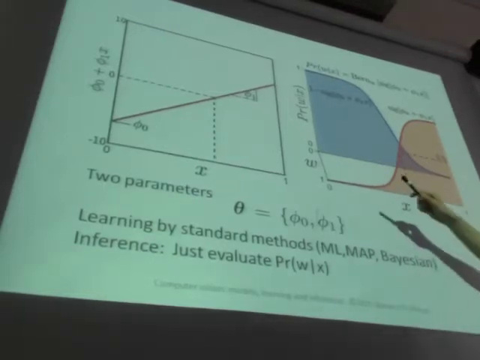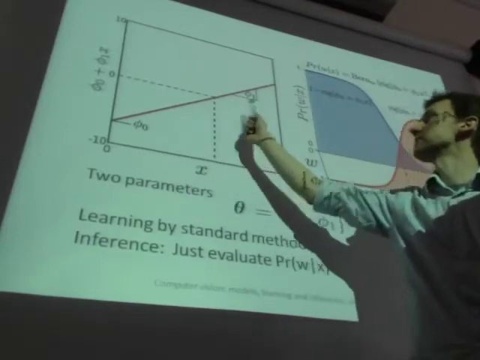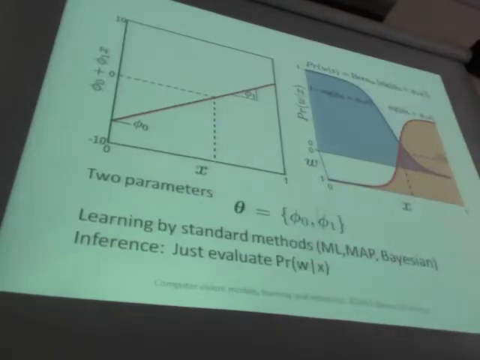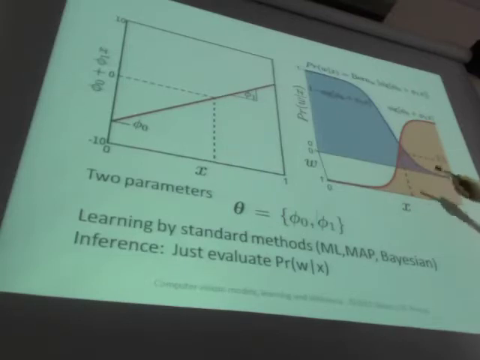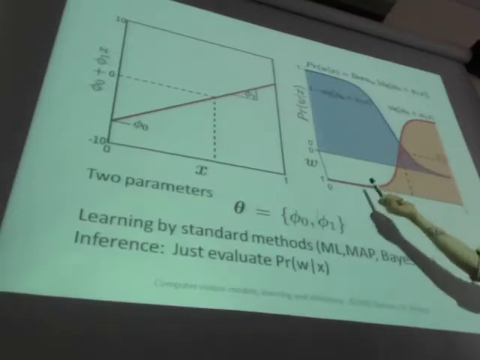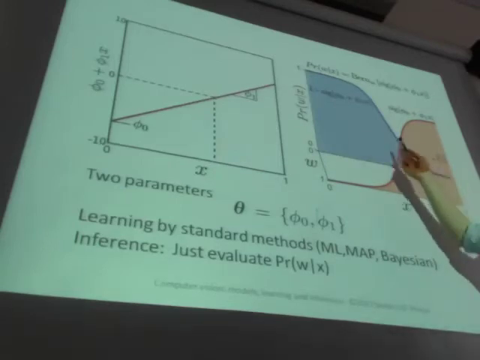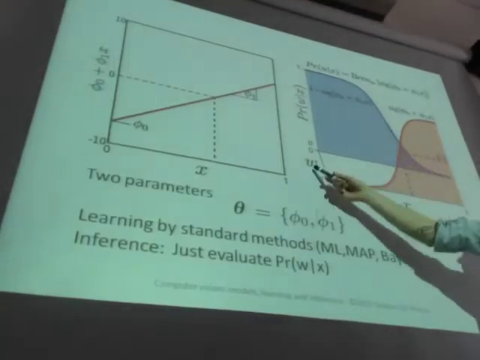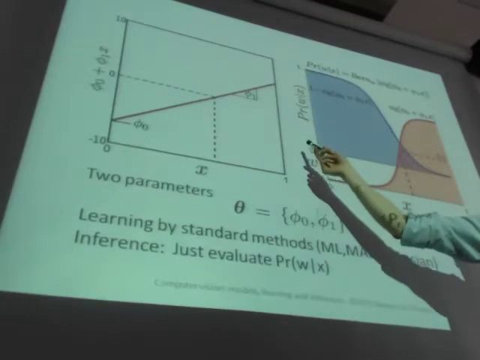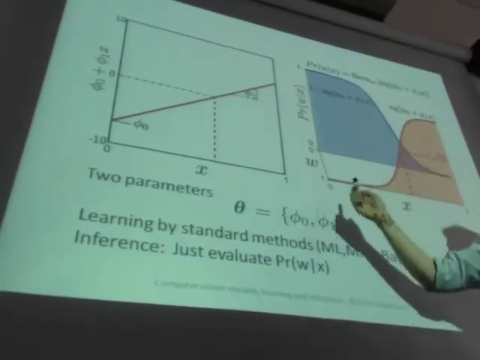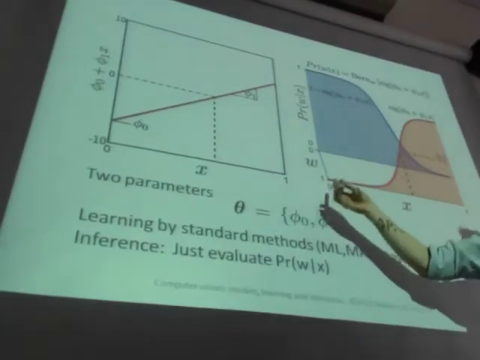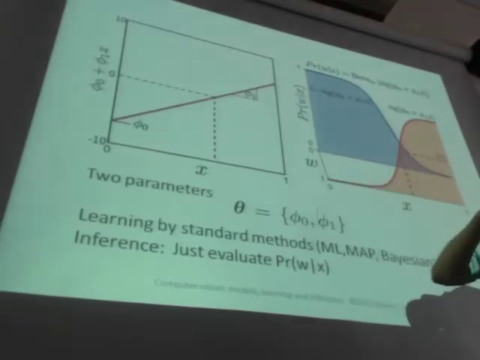It already sort of allows us to move from this linear response to something where you can probably see there might be some value in applying a threshold, right, some cutoff. In this case, we're showing both probability of W equals 1 and probability of W equals 0. Normally, we'll just focus on probability of W equals 1, knowing that the other one is the complement.